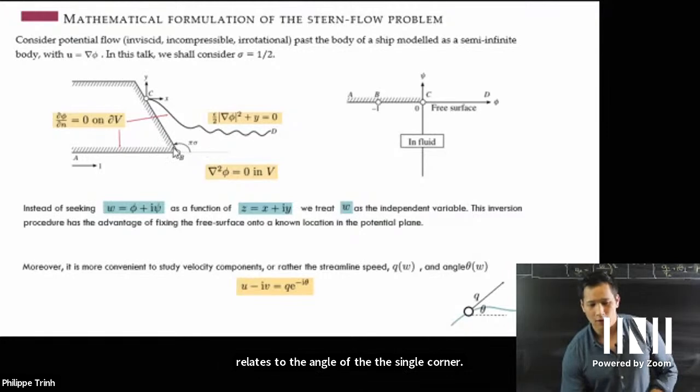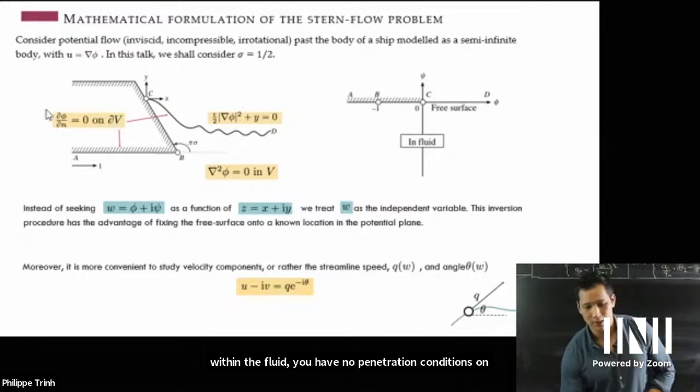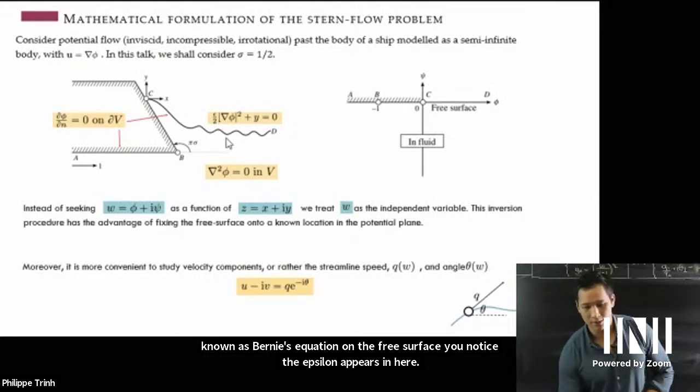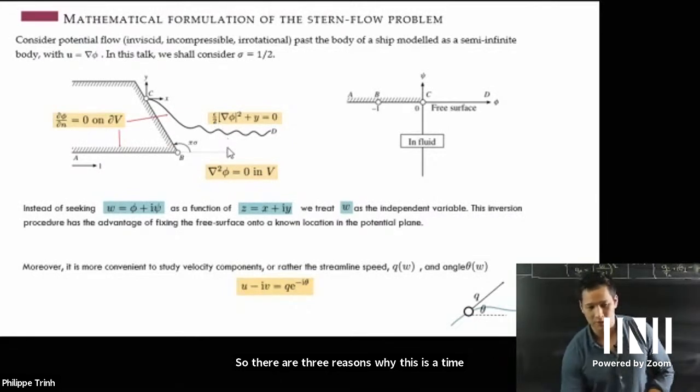Okay, so the task is for you to solve Laplace's equation within the fluid. You have no penetration conditions on the solid and fluid boundary, so this kinematic condition. And then you also have a dynamic condition. This is known as Bernoulli's equation on the free surface. You notice the epsilon appears in here. So there are three reasons why this is a very hard problem to solve.